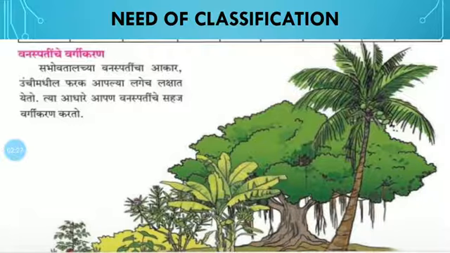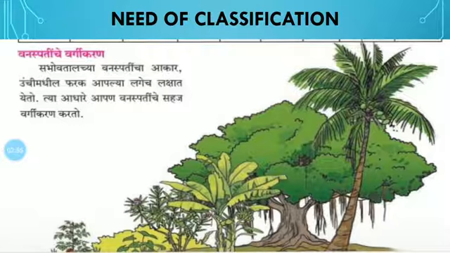Up to now, information about lakhs of plants has been collected. While studying the diversity in plants, they are classified for the sake of convenience on the basis of the similarities and differences in their structure, their organs and their other characteristics.